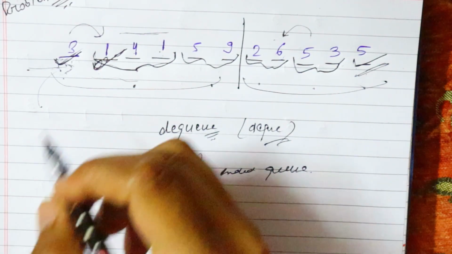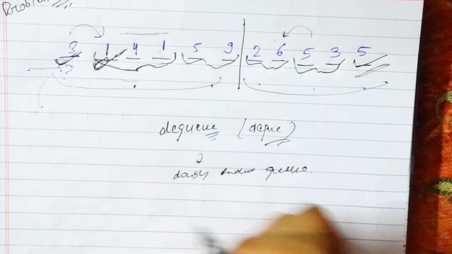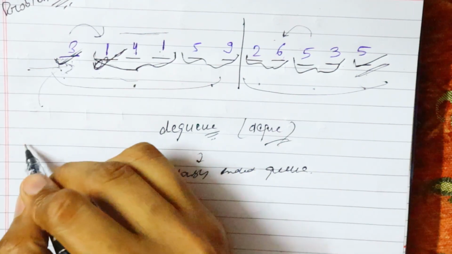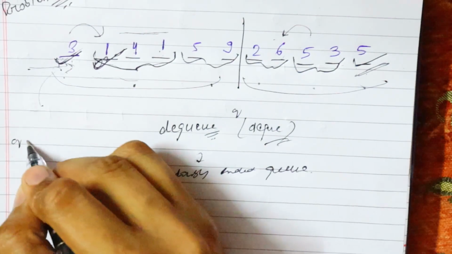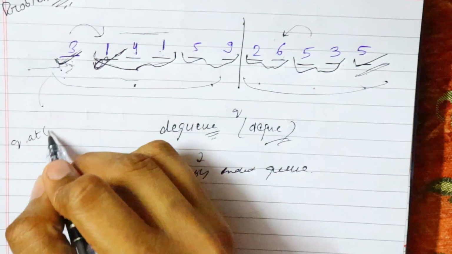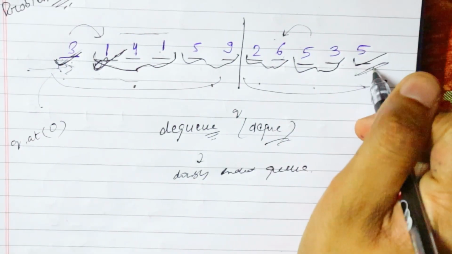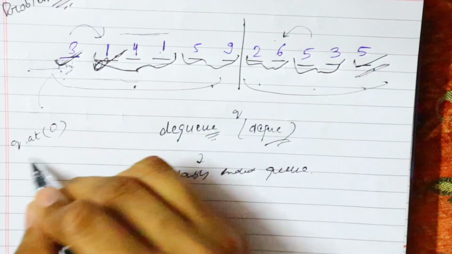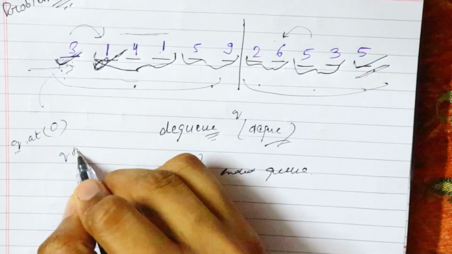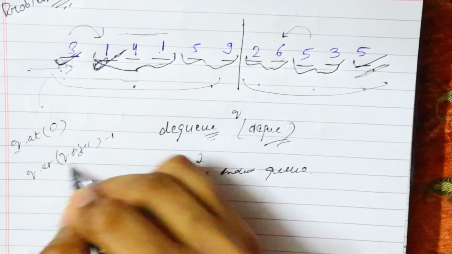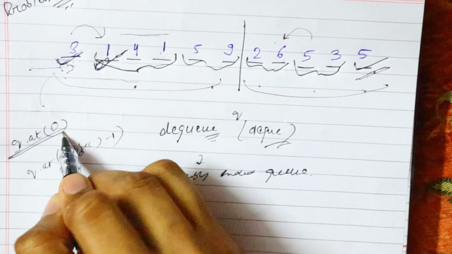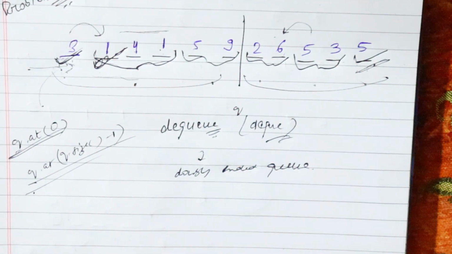So for DQ, suppose the name of the DQ is Q, then Q dot at index 0, and here the location will be Q dot size minus 1, Q dot at. So for Alice I will choose this, and for Bob I will choose this every time.